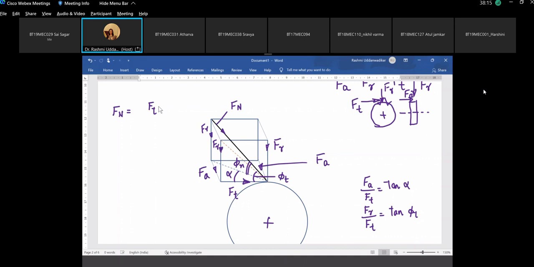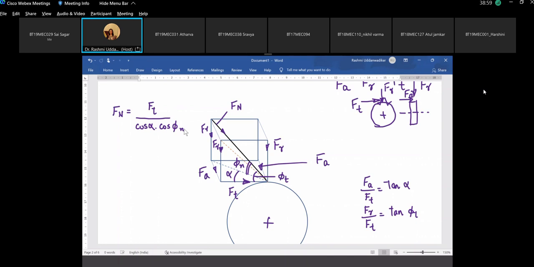Ft cos alpha into sin phi n. Okay, there can be different relationships. Can I write Fn as Ft upon cos alpha into cos phi n? Yes, cos alpha into cos phi n. Ambika, please check. Yeah, is that correct?